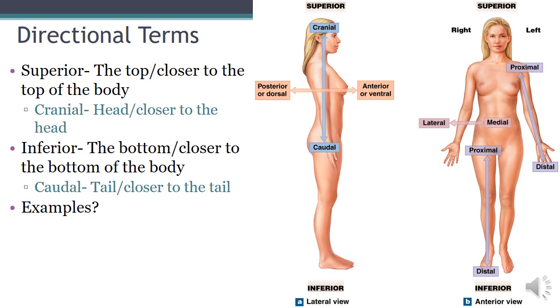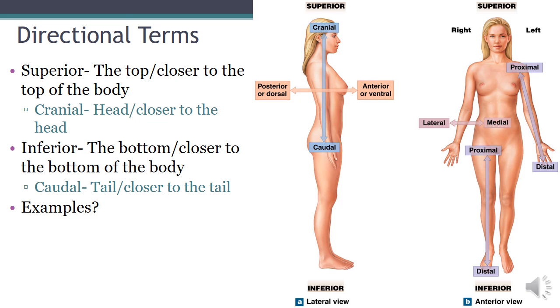The first of these directional terms is superior and inferior. Superior describes a structure that is either at the top of the body or closer to the top of the body than some other structure. One of the older terms that's sort of used interchangeably for superior is cranial.